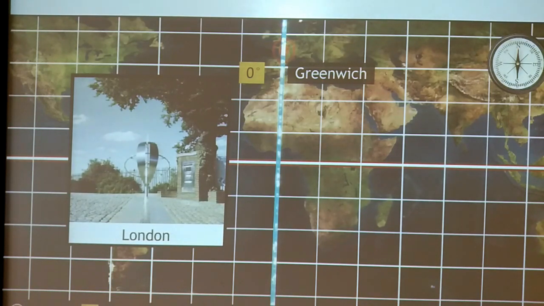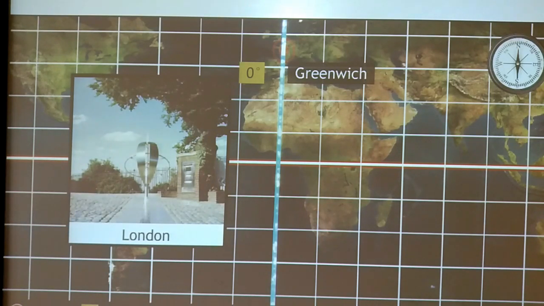Just as we have the equator which runs from east to west, that is the latitude, in the same manner we have this longitude which is known as the prime meridian, and it comes in the middle of the globe from north to south.